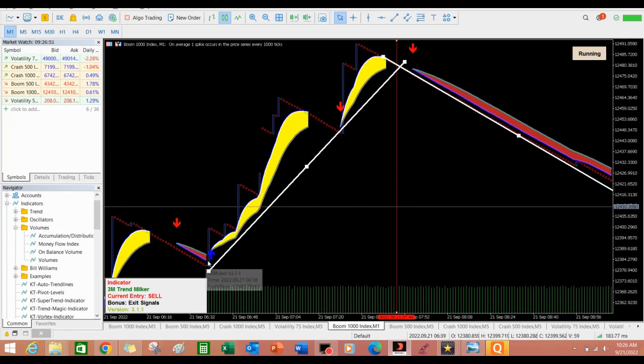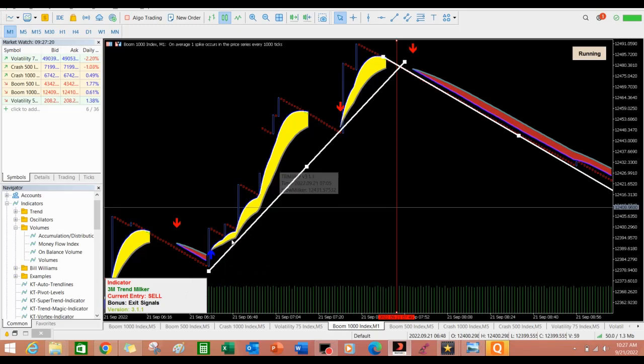When probably you came into the market and you notice that the market is on uptrend, then you should know that this is not the best time for me to trade this particular asset called boom 1000, because it is on uptrend. So it is most likely we have more spikes happening around it. Except if I am very good in spikes trading, then I should take advantage of the uptrend and trade the spikes around here.